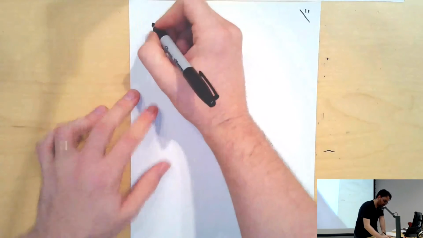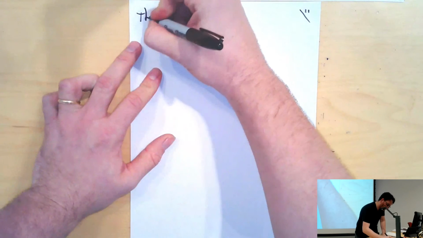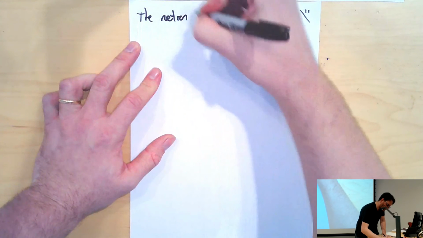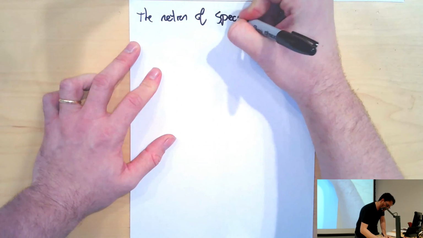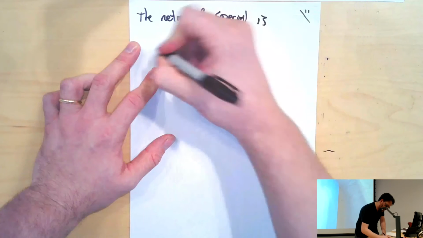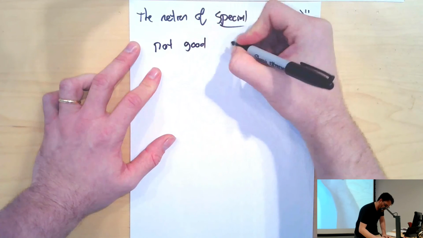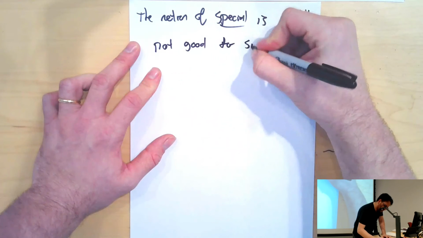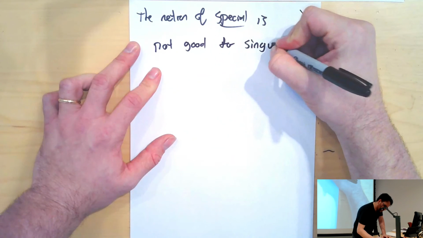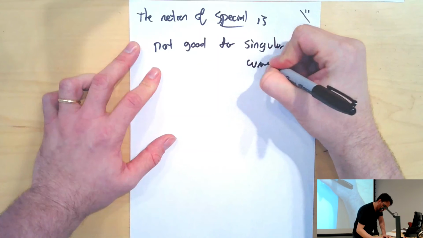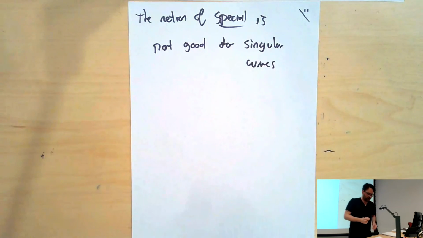The error is essentially that the notion of special is not good for singular curves, or at least reducible singular curves.